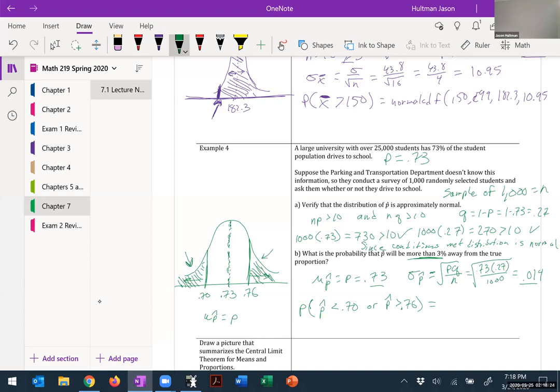What we're going to see is that they are the same area. Why? Because they're the same amount of distance away from the mean, and so we would get the same value on one side as we get on the other side.